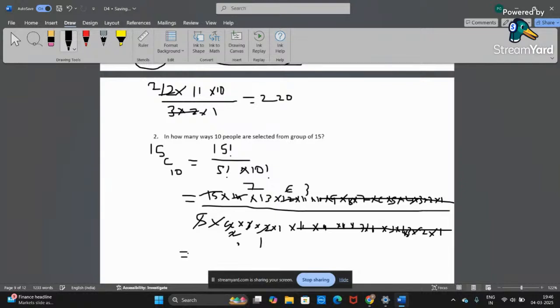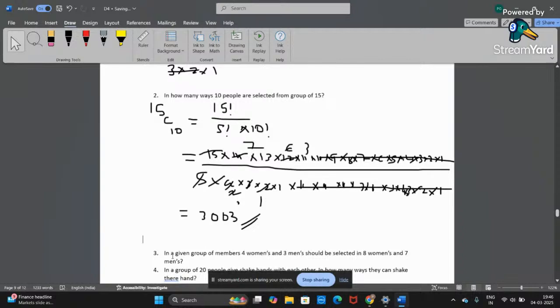So what will be the answer? It will be 7 into 13 into 3 into 11. So we'll get 3003.